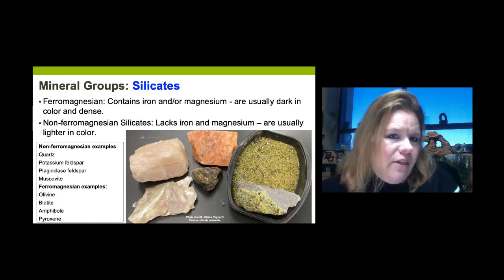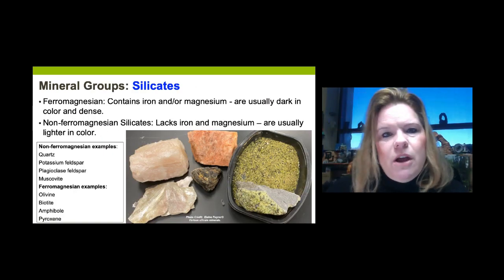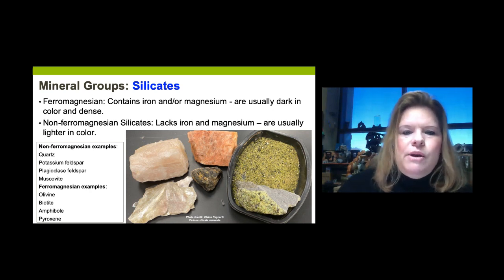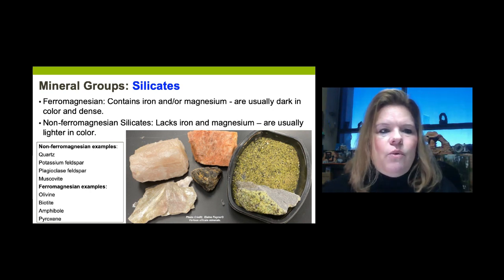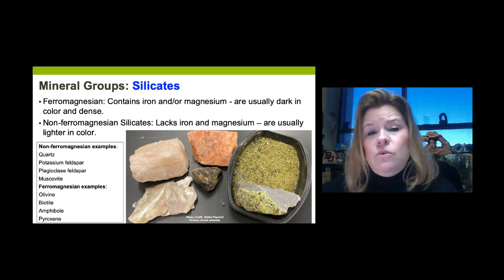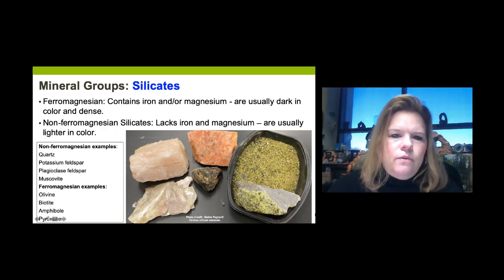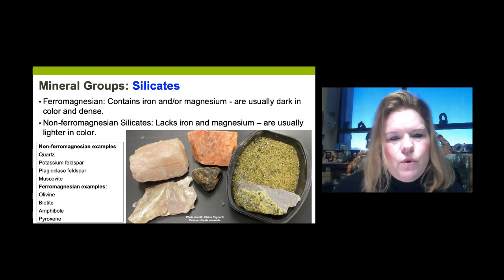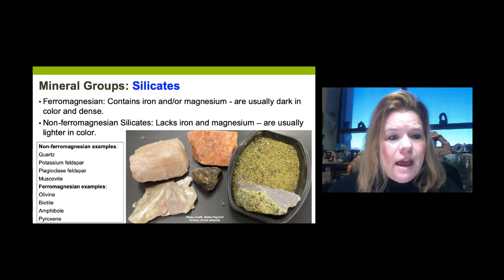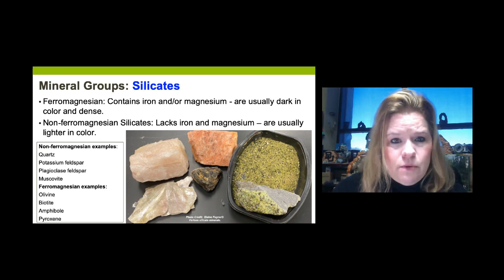All right, so now that you know about the properties, everything from color to special properties, we apply that knowledge, and then we need to learn about how minerals are grouped into major categories. For silicates, there's two categories, ferromagnesian and non-ferromagnesian minerals.